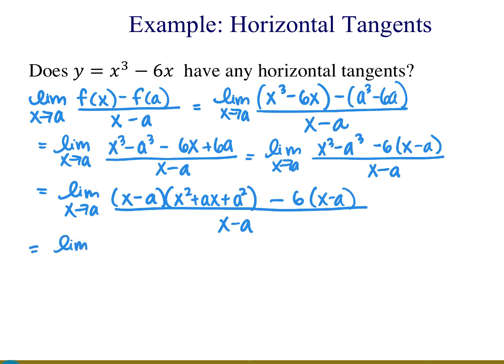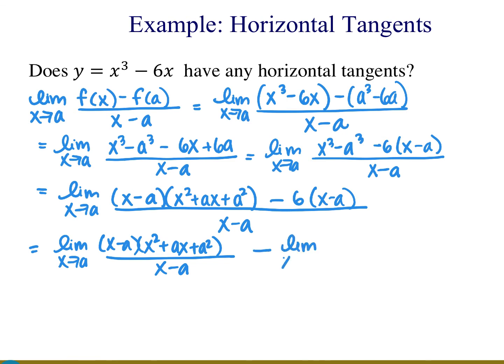So I'm going to make this common denominators. I'm going to take my x minus a, x squared plus a squared plus ax, and put it over its own x minus a. And then I'm going to put minus a limit, and I'm going to do the other one separate, like it's a whole separate thing. It's got its own, we call that common denominators, right? Common denominator for this guy, common denominator for that guy.